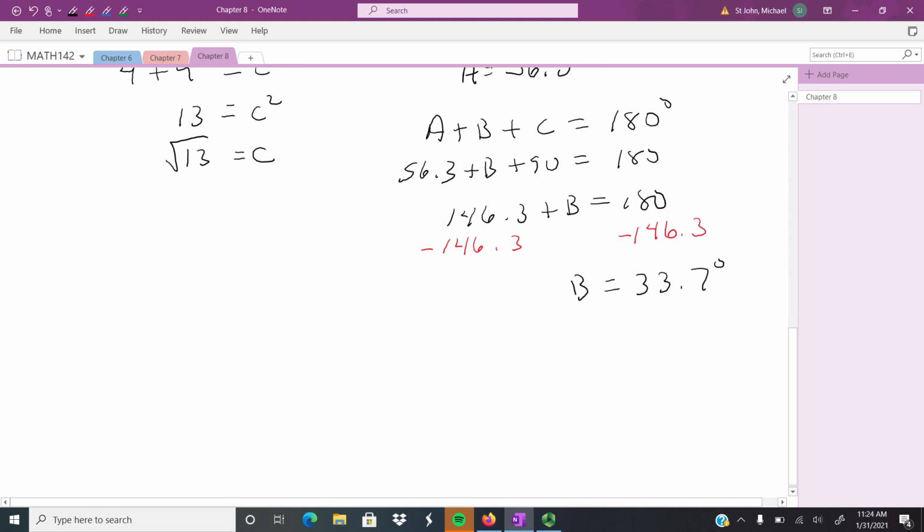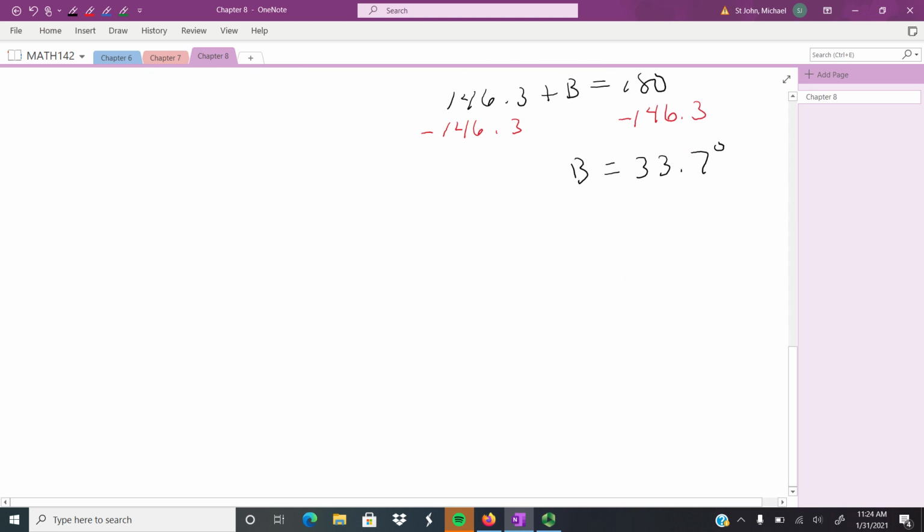All right. Other types of problems you'll see will be ones like these, so word problems.